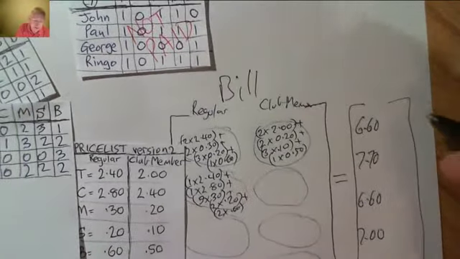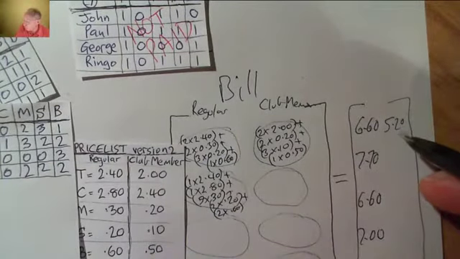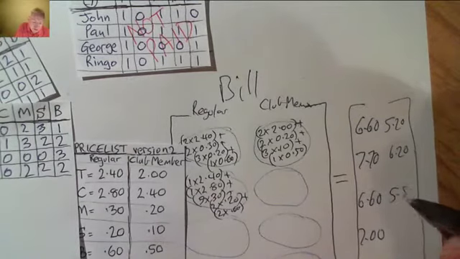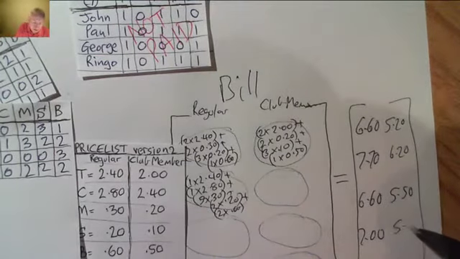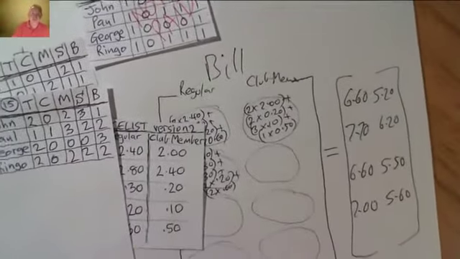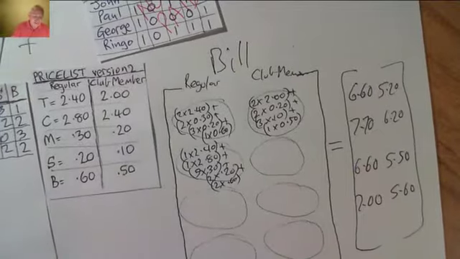And let's say the club membership price was $5.20, $6.20, $5.50 and $5.60. I've actually worked out these numbers beforehand.